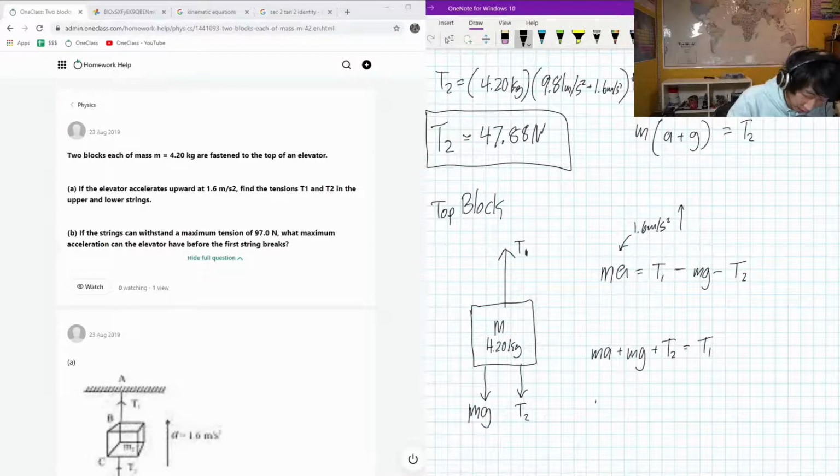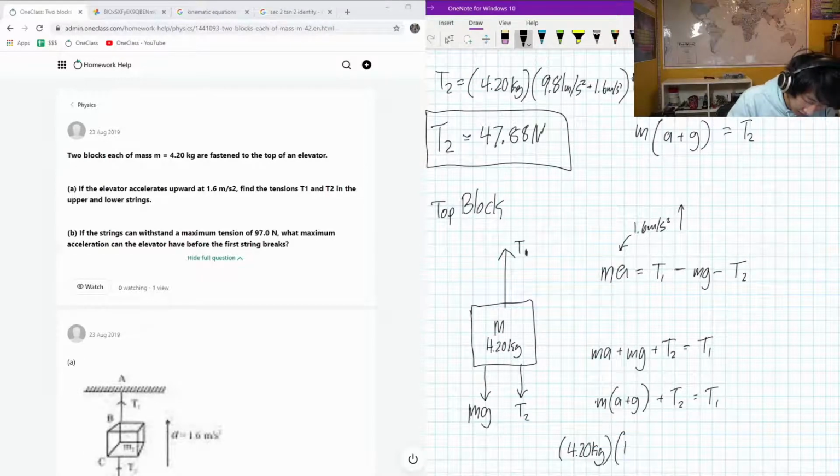Seems about reasonable, and this is just going to be m times (a plus g) plus T2 is equal to T1. And let's sub in our numbers. We know our mass is going to be 4.20 kilograms.